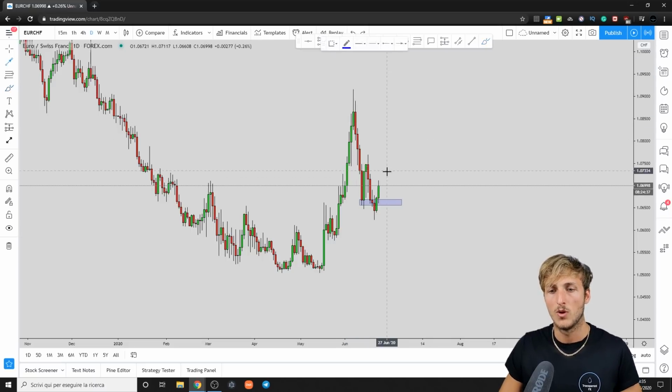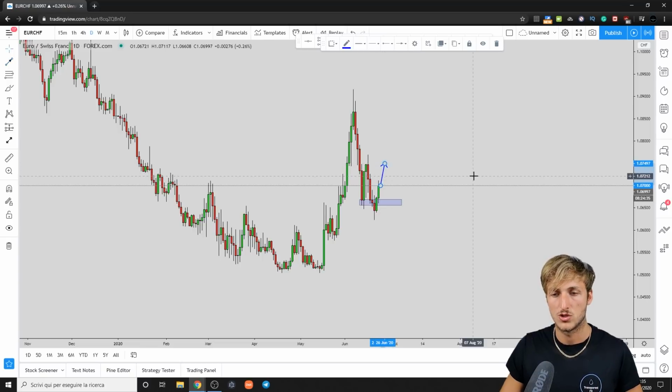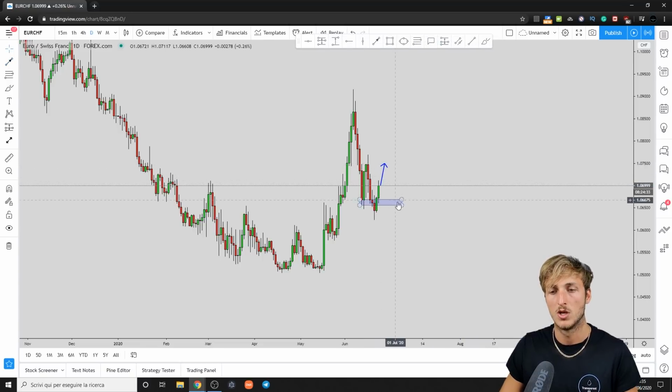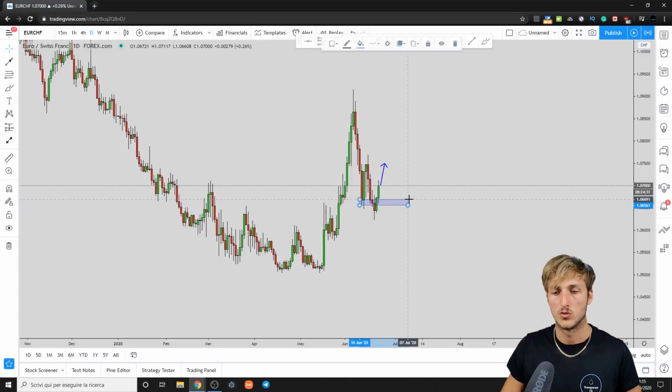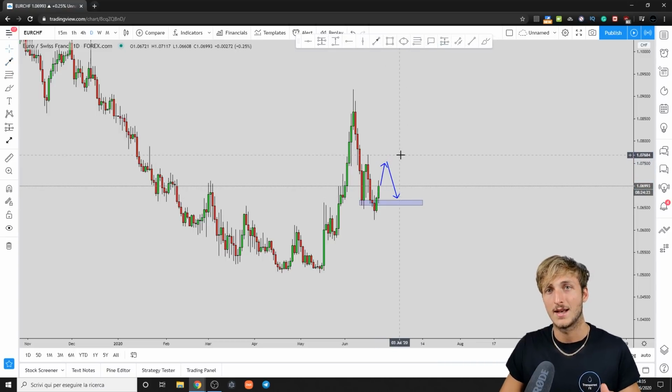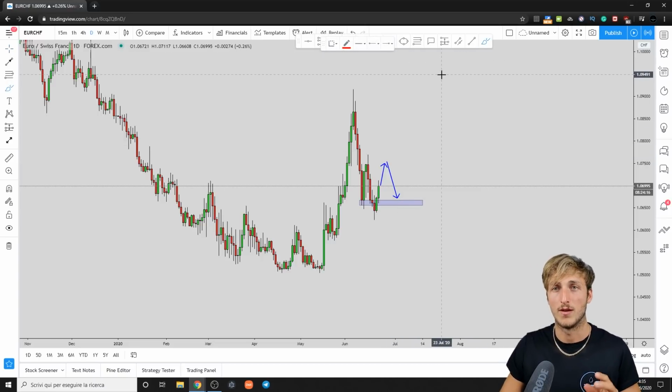So how we will be approaching this situation with students? First, we need to see the first move to the upside, okay? If the market will manage to make the move to the upside, then from here we want to see a retracement. And then inside of that retracement, what we will be doing with students, we will be monitoring price action on the 4-hour time frame, because always remember, monthly, weekly, and daily are for direction.